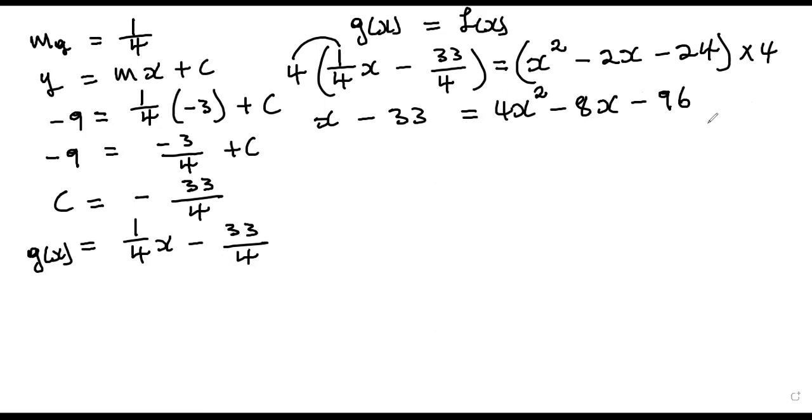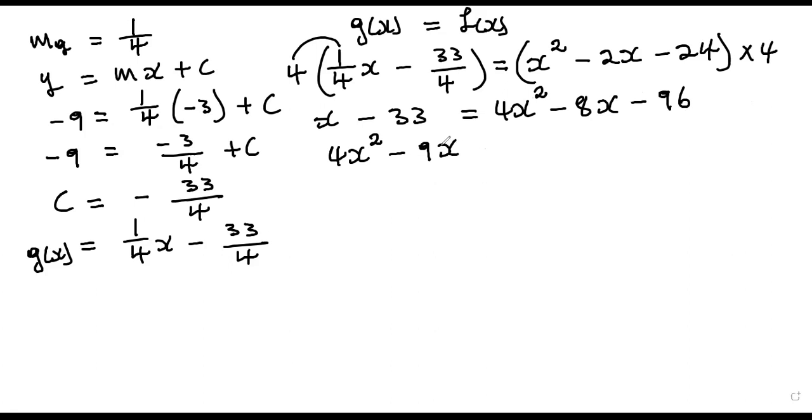So 4 times 24 will just give you -96, like that. Then from this point, we want to write everything in standard form. So let's take everything to the right. So we still have our 4x squared there. And then you say -8x minus x, it's going to be -9x.